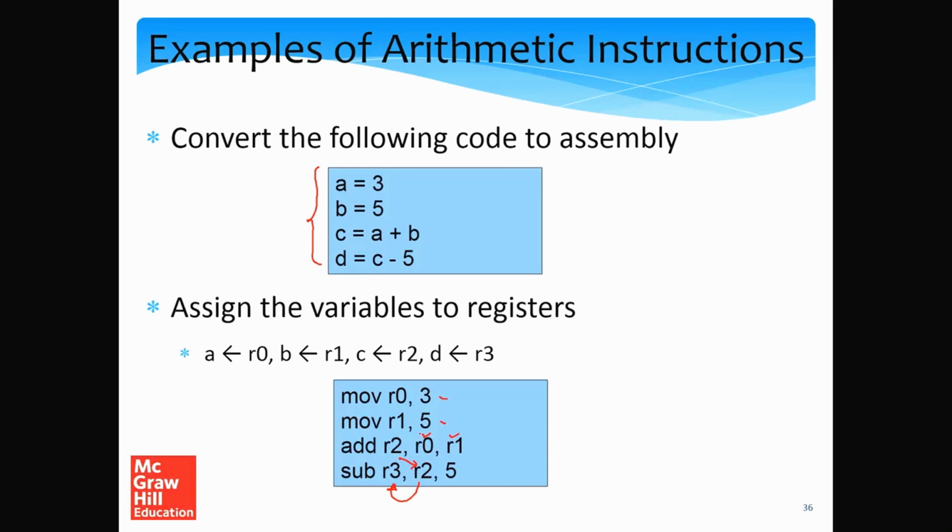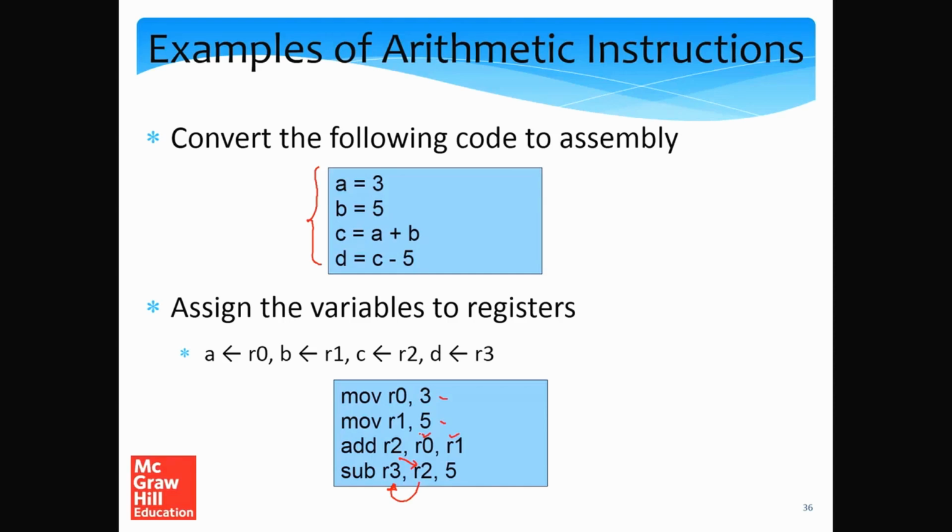So here we have 4 high level statements and 4 assembly statements because it's a simple program. But in general, the number of assembly statements will typically be more, sometimes much more. But the important thing to note is that it is fairly simple to map a high level program to assembly. What essentially needs to be done is that there are 2 steps.